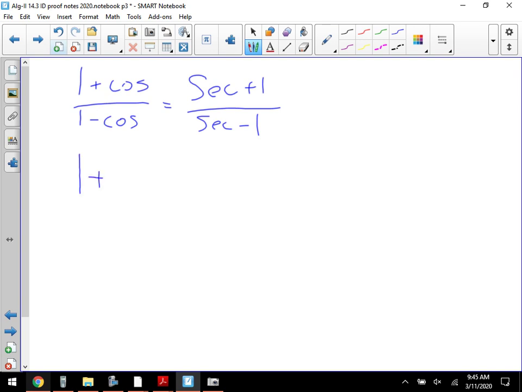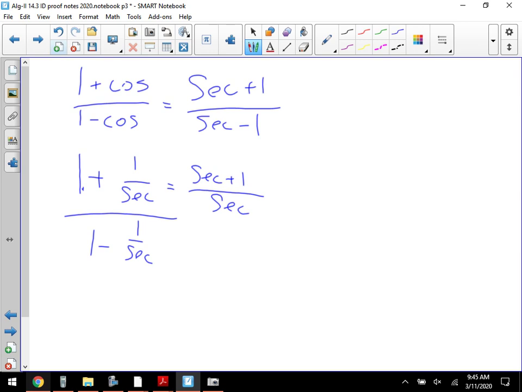You get 1 plus 1 over secant over 1 minus 1 over secant. What I'm doing is creating a complex fraction to get common denominators. Common denominator at the top is going to be a secant. Fraction on the left needs a secant.